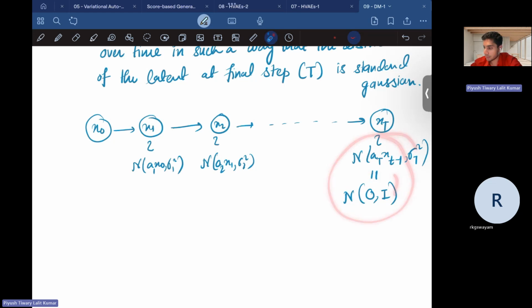I hope that's clear, that this distribution being equal to Gaussian 0, 1 is something you need to make sure. You need to make sure that this happens by construction. It won't happen on its own.